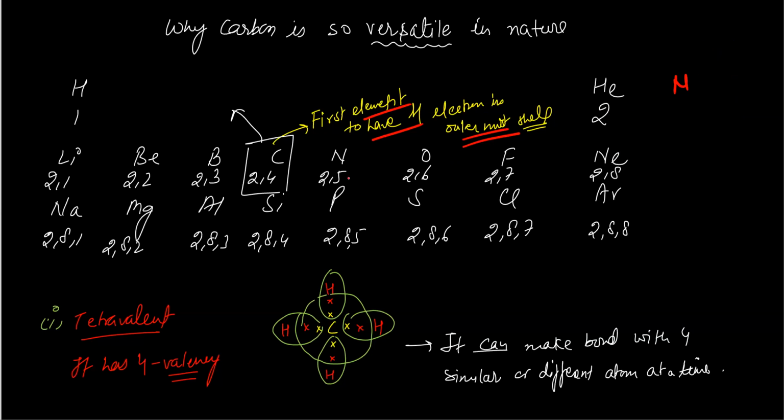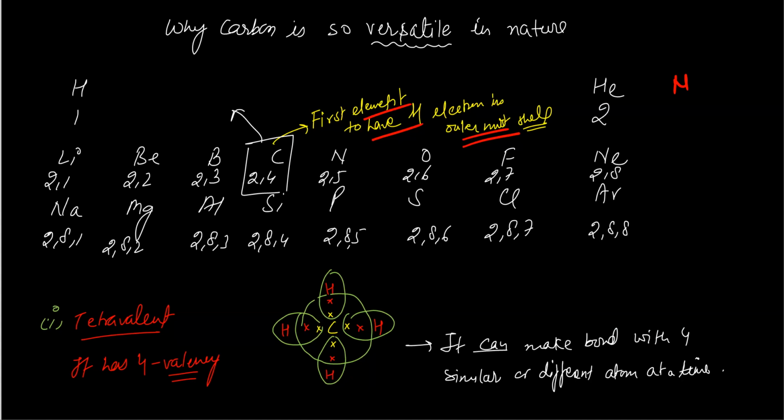In order to complete its 8, the next one makes bonds with a maximum of 2, and the next with a maximum of 1 atom. But carbon can make bonds with 4 atoms at a single time. Its tetravalency helps carbon do this. Got it? Understood?